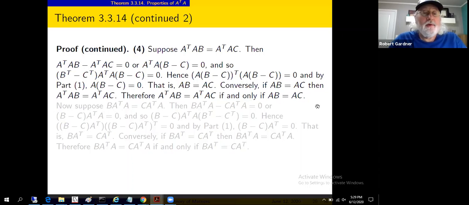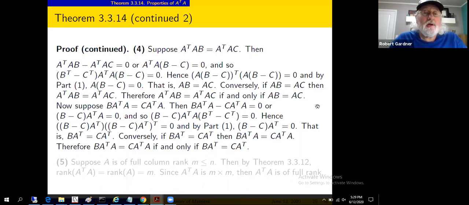How are you going to do it in the other one? Same thing. Suppose we have B A transpose A equals C A transpose A. We'll subtract. Let's go through this a little bit quicker. Factor, multiply on the right by an appropriate transpose, choosing B transpose minus C transpose, again on the right.